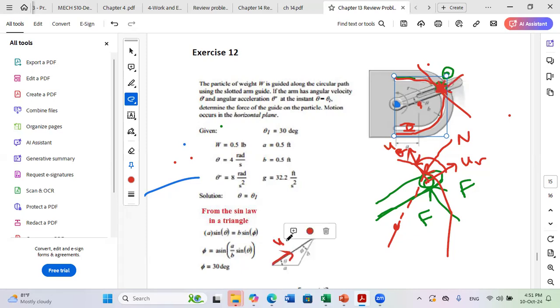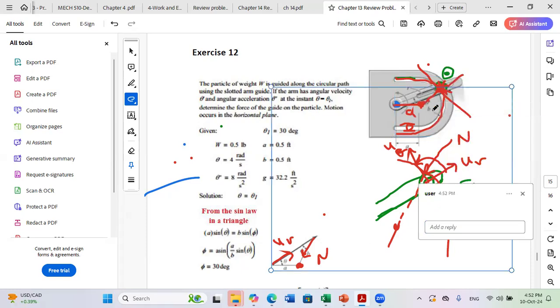And this is the normal. Okay, the normal is not on the center? Yes, this is the center. This is A and this is B. Okay, so this is your normal. Look at the figures. What is the angle between the normal and UR?